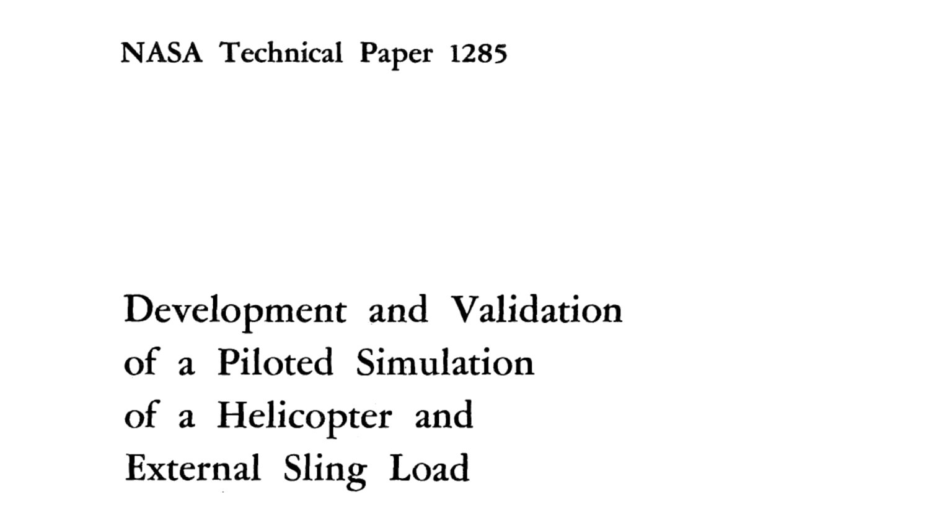7. NASA published a technical paper in 1979 titled Development and Validation of a Piloted Simulation of a Helicopter and External Sling Load, all about piloting single-rotor helicopters carrying suspension systems and external loads.